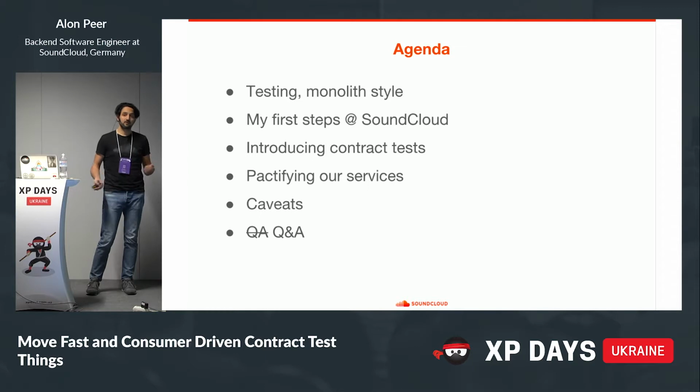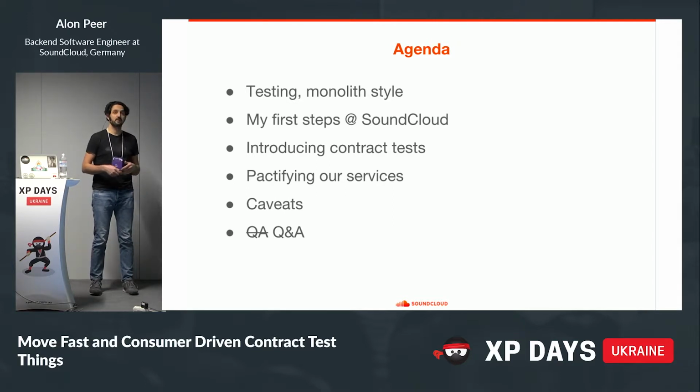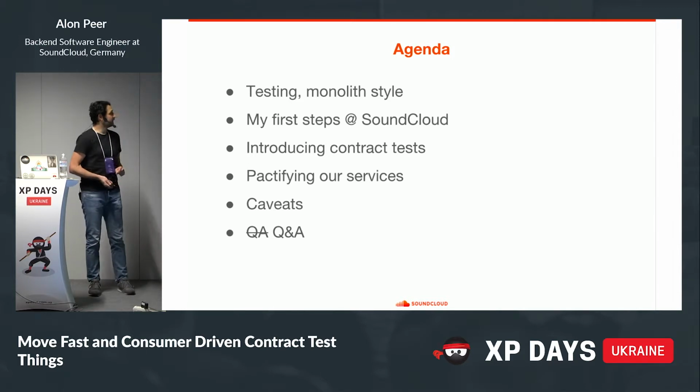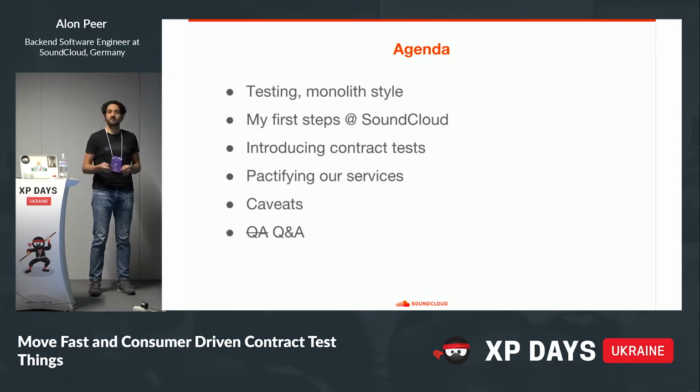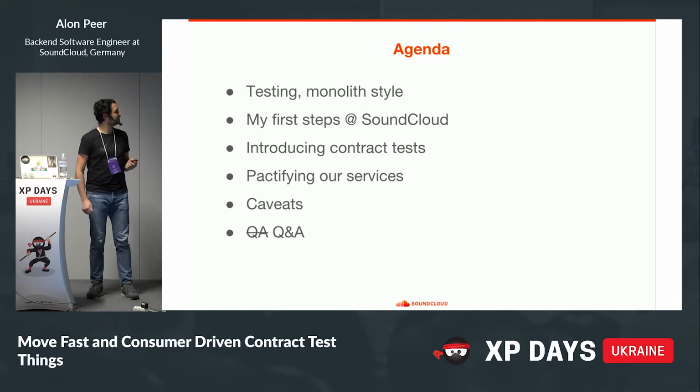Then I will talk about contract tests, consumer-driven contract tests, what it means, what it is as a concept, and then how to use Pact to actually go ahead and implement contract tests and integrate those. And then we'll talk about some disadvantages, some caveats, things to notice when you decide to go down that rabbit hole. And hopefully we'll have some time for questions. So let's jump right into it.